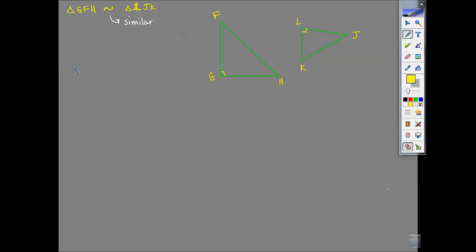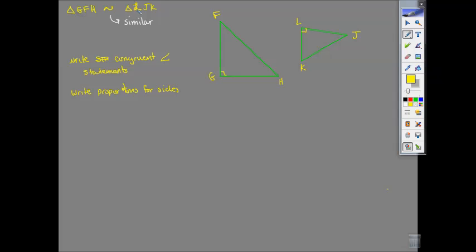Okay, we want to write the statements. Okay, we want to write the proportions for the sides. Sorry, that looks horrible. So the congruent angles, if they're similar, they go in order.